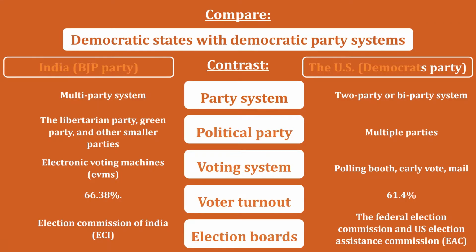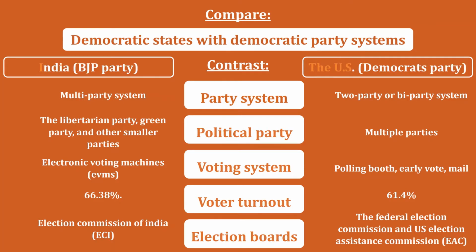The last but not least is election boards. In India, it has the Election Commission of India, which we know as ECI, which deals with setting up elections, counting votes, setting up financial regulations, and enlisting the service of police or domestic military forces to keep the voting process as incident-free as possible.